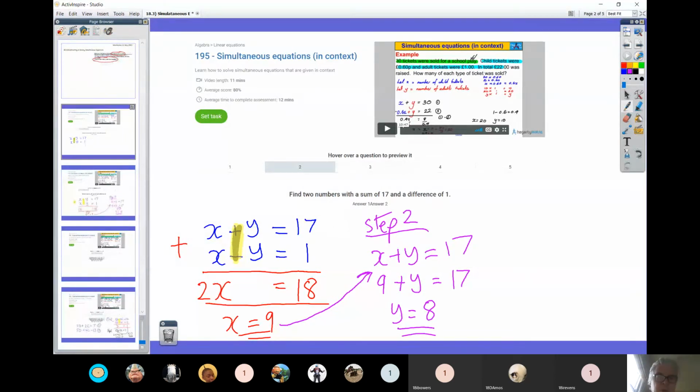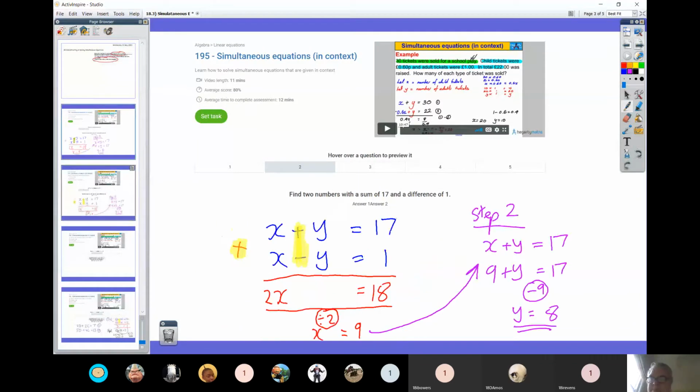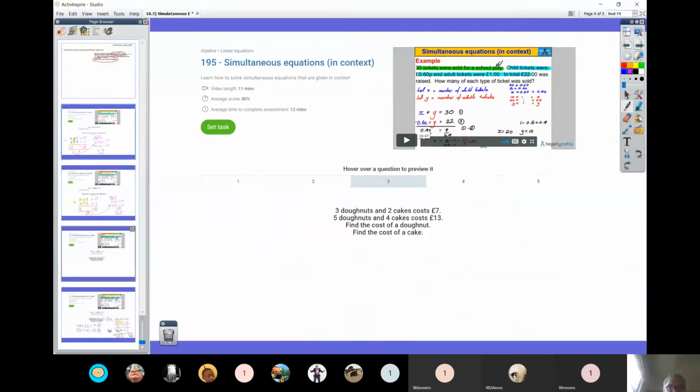And then the other type of question that crops up is like this. Okay, so 3 donuts and 2 cakes all together cost £7. 5 donuts and 4 cakes cost 13. Find the cost of a donut, find the cost of a cake. So let's construct some equations for this. I'm going to use D for donuts and C for cakes.